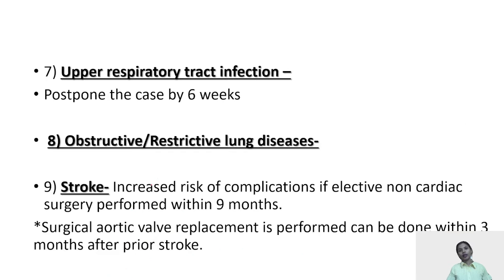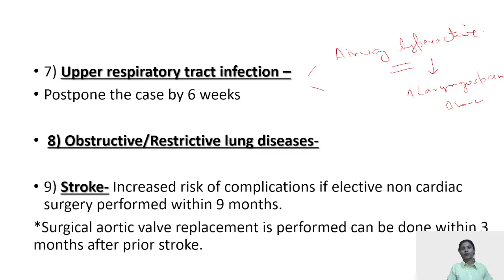Coming to upper respiratory tract infections, see what happens when a patient has a URTI is that the airway becomes hyperactive, right? So if the airway becomes hyperactive, it increases the chances of laryngospasm as well as bronchospasm.